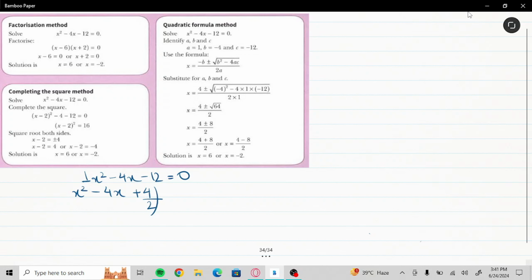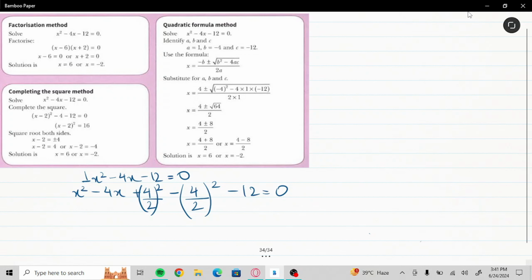Take the coefficient of x, divide by 2 and give it a square. And you can't just put it out of thin air in the equation. You have to add it, so you have to subtract it also. So 4 upon 2 whole square minus 12 is equal to 0.